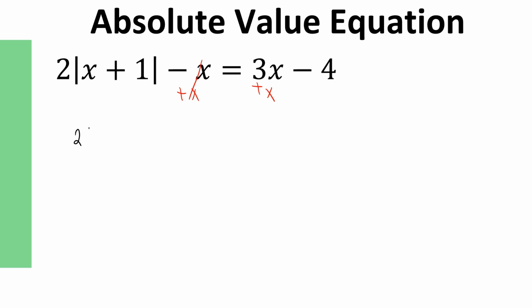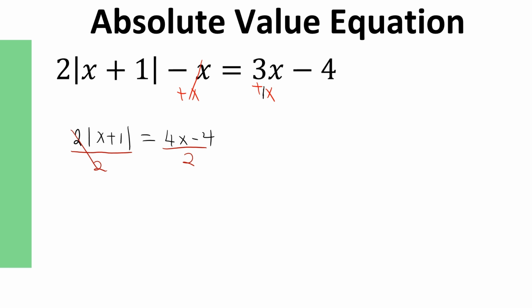We have 2 times the absolute value of x plus 1 equals 3x plus 1x, which will give us 4x, and then minus 4. And the next thing I need to remove is the 2 in front of the absolute value. So we know that this is 2 times the absolute value of x plus 1. So to remove the 2, I need to divide by 2 on both sides.